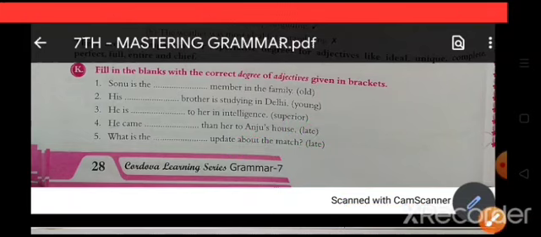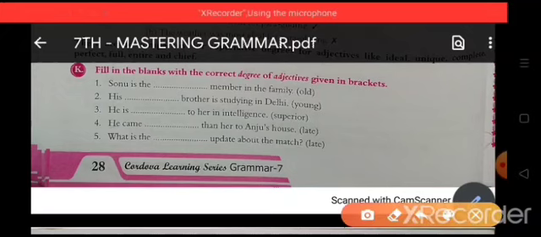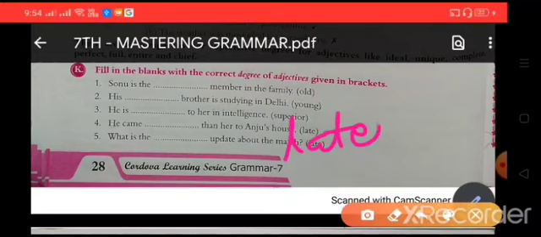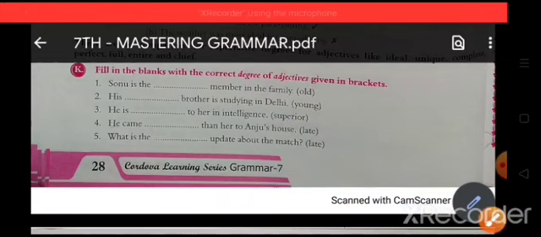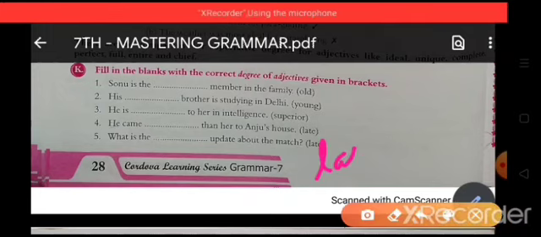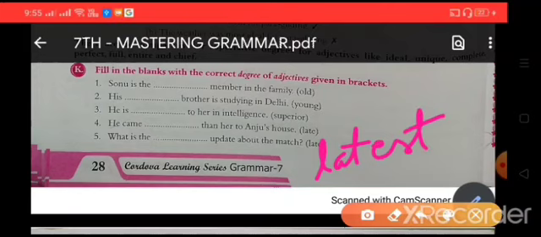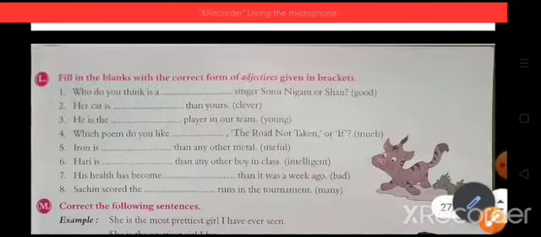He came dash than her at Anju's house. He came later. What is the dash update about the match? What is the latest update about the match?